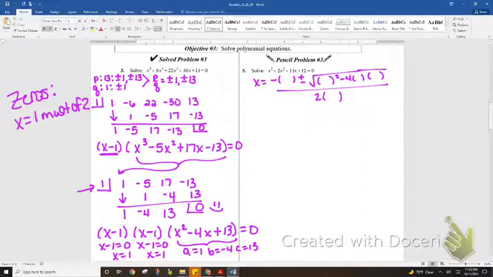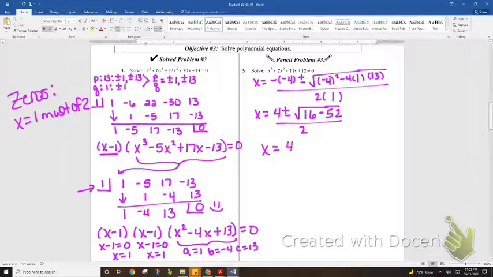Alright, so plug it in. So b is -4, minus 4ac. A is 1, C is 13, all over 2a. So we get 4 plus or minus the square root of, I'm going to have to put this one down, 16 minus 52, all over 2.